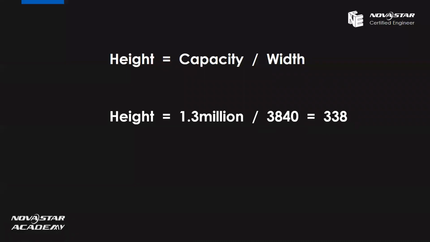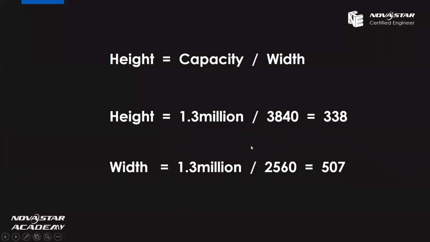And another example, if we also use one M-Control 300, and this time the max height is 2560. So what about the width? Okay, we can also use this formula. The width is equal to the capacity divided by the height.